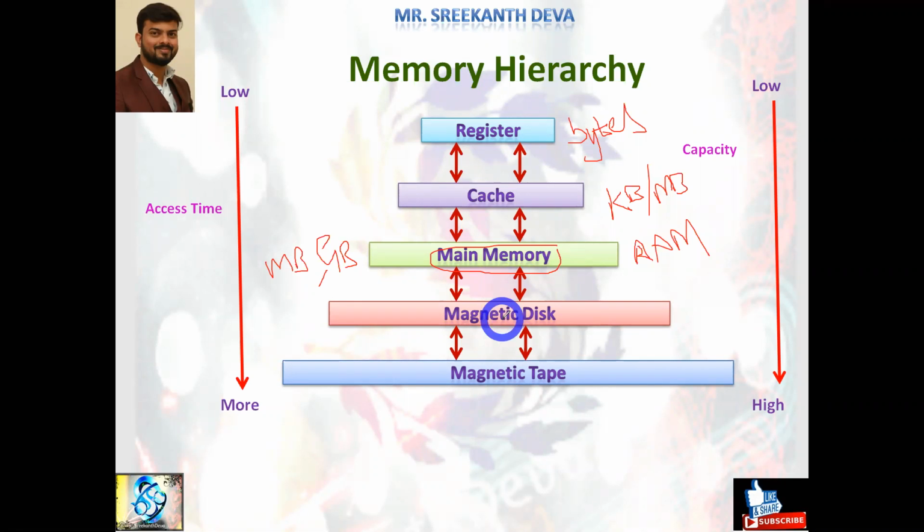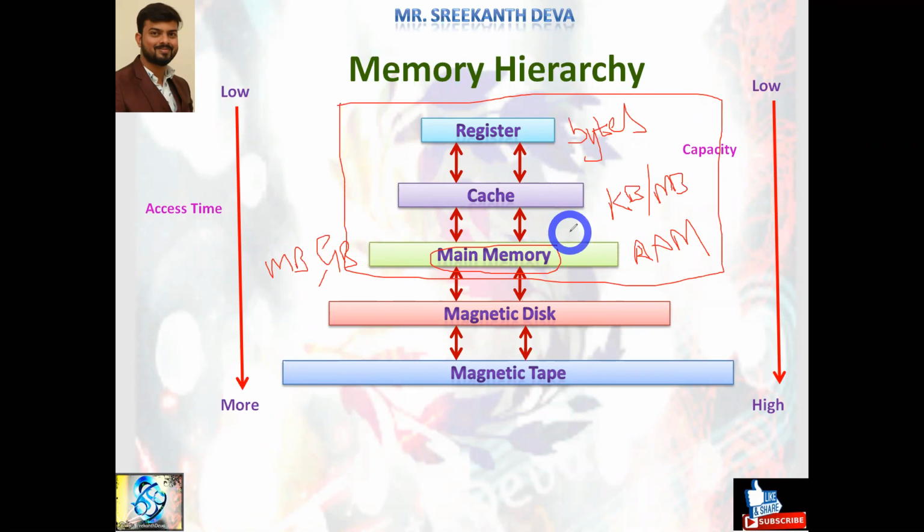Next, coming to secondary memories like magnetic disk. Sometimes we call it auxiliary or secondary memory. All the memories up to the level of RAM are volatile. Up to here the data is stored in the registers or cache or main memory. Simply we can call it volatile memory.